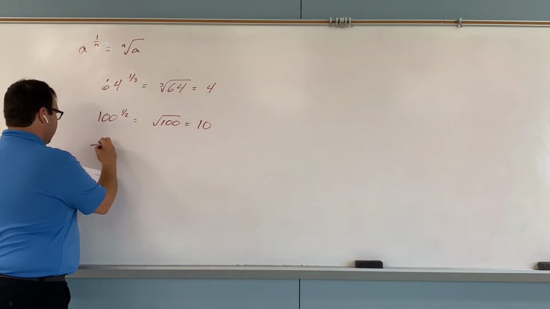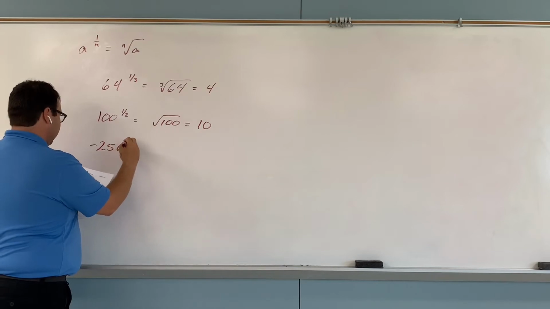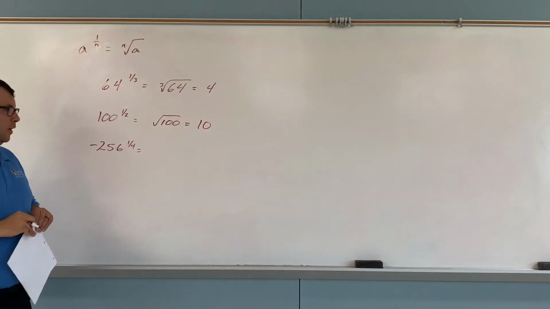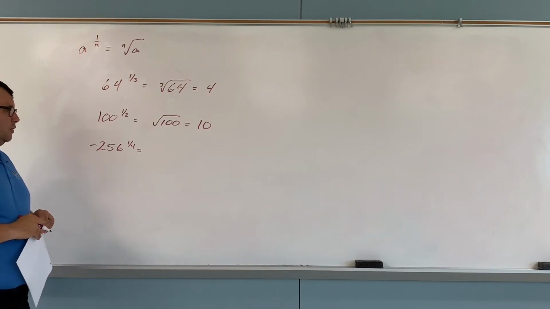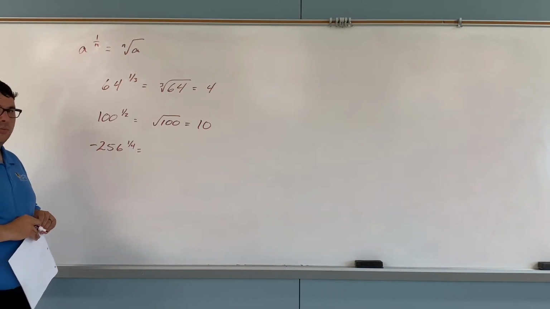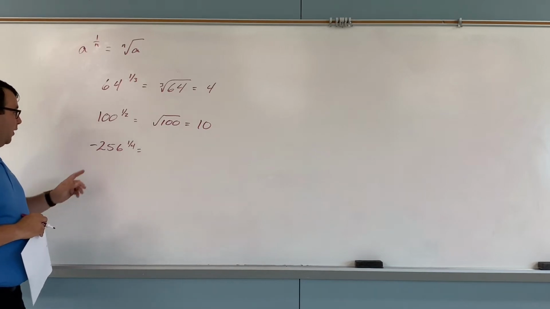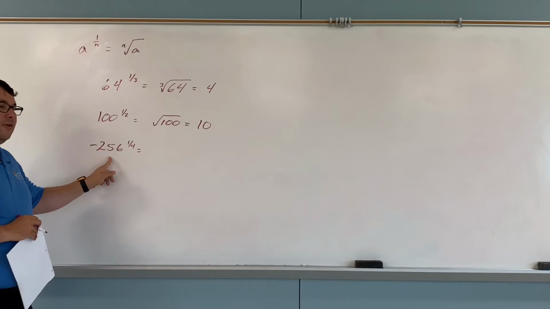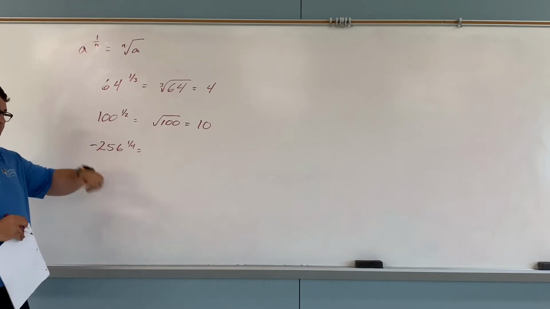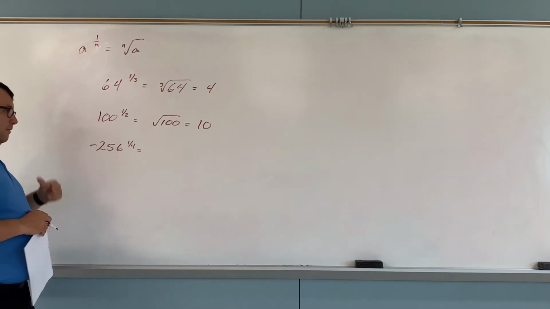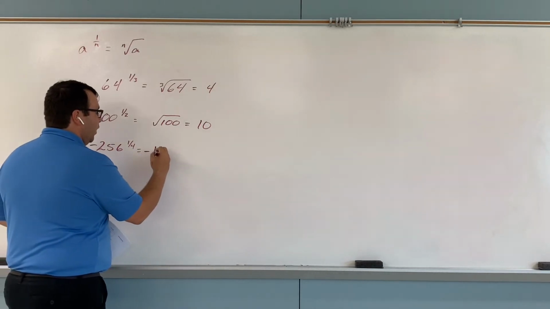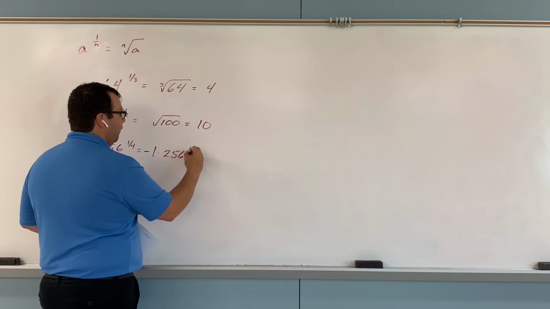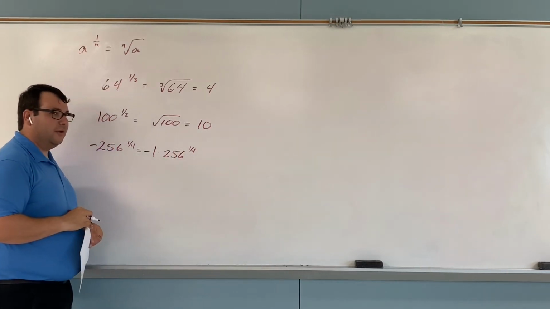What about negative 256 to the 1/4 power? Ooh, negative. What do we do? Well, fortunately for us, what is the base? Just the 256. This negative is separate. It's out of here. So I'm going to write that as a negative 1 times my 256 to the 1/4, just so I can see that.